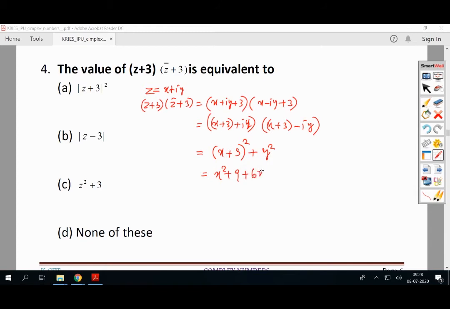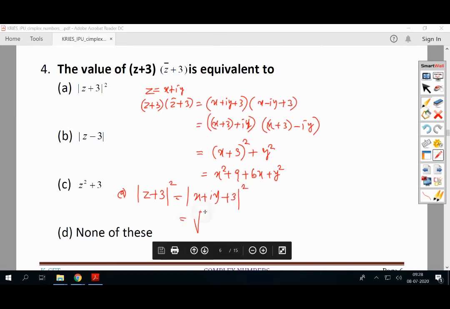Modulus of z plus 3 the whole square. Let's see what comes in option A. So it is nothing but modulus of x plus iy plus 3, square. Modulus of this is square root of x plus 3 square plus y square. We have to put a square on this, right?